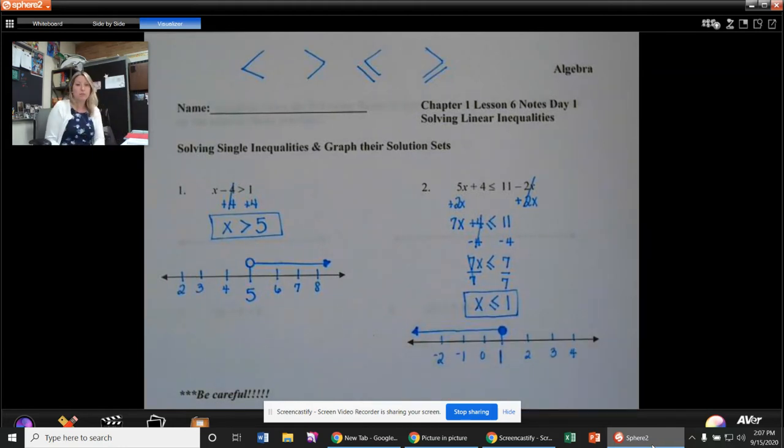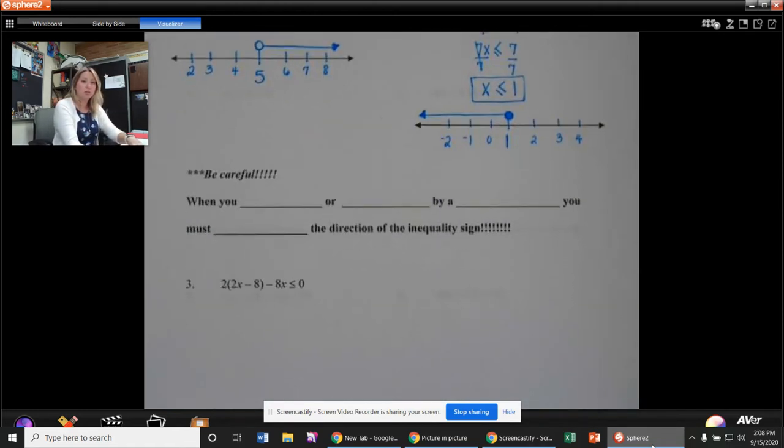All right, now, something you need to keep in mind when solving linear inequalities is that there's this little thing that happens when you multiply or divide by a negative number, where the inequality sign needs to flip around. So that's this fill in right here.